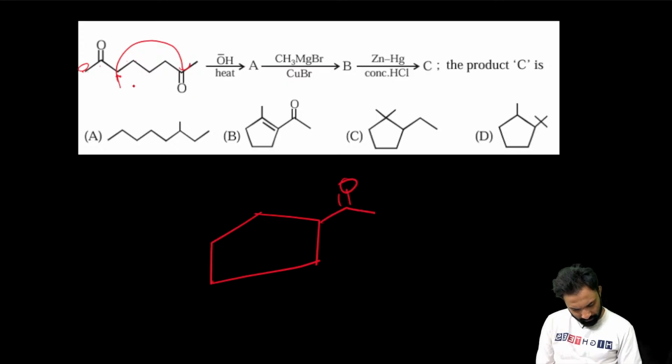Here it is 1, 2, 3, 4, 5. At 1 and 5 we are having the alcohol as well as the methyl.